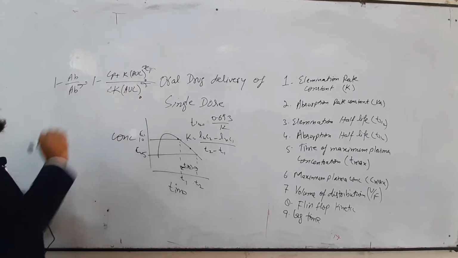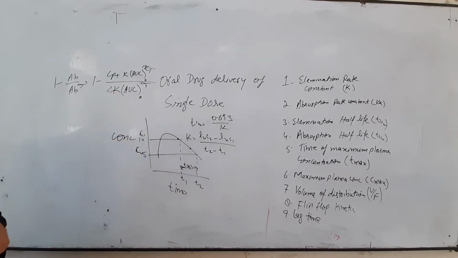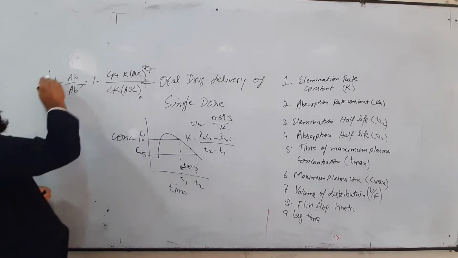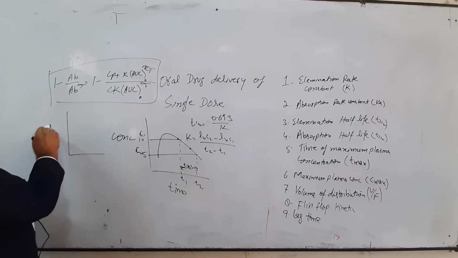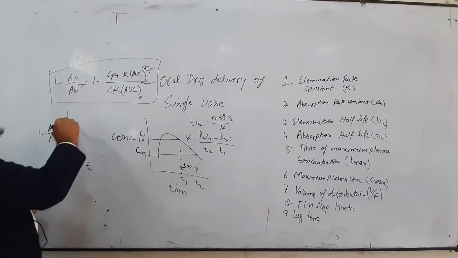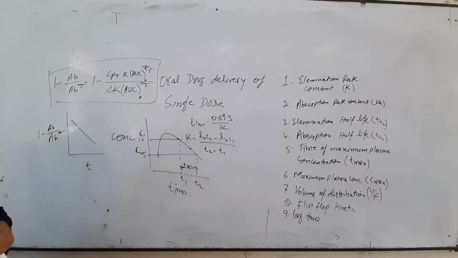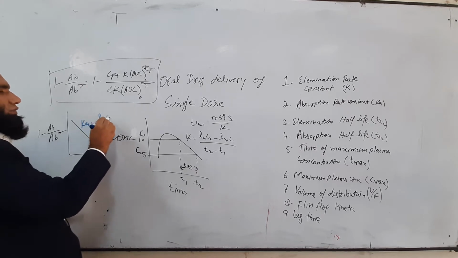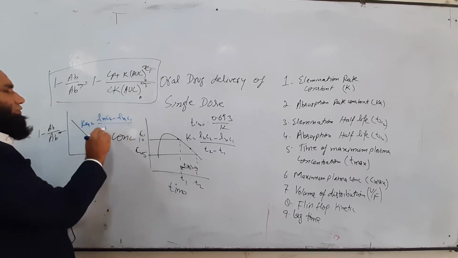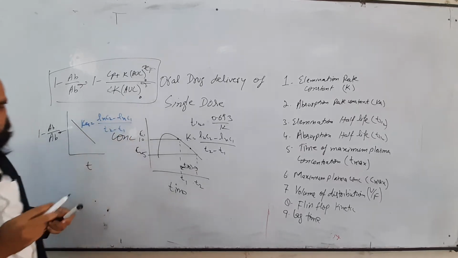That was the formula for the calculation of the rate constant. Here we plotted 1 minus AB over AB infinity versus time and got this type of behavior, which gave us the rate constant. That rate constant was actually Ka, which is ln C2 minus ln C1 over T2 minus T1.